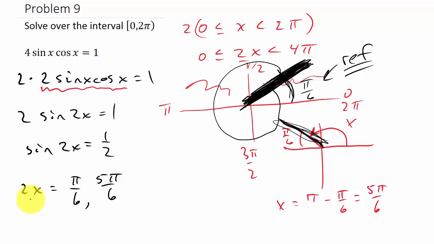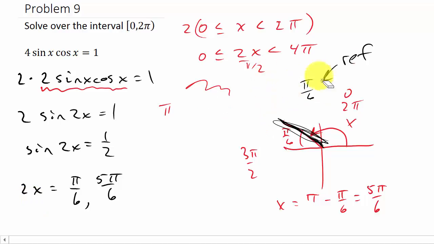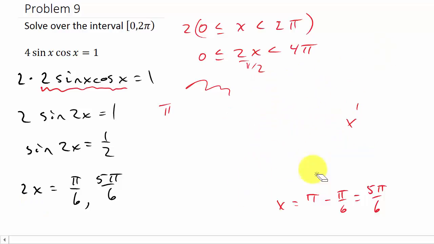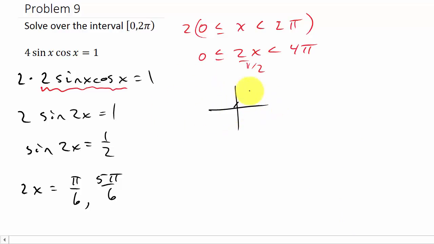So for the first quadrant angle, there's my pi over 6. I'm going here and going all the way around again. So pi over 6 plus 2 pi is going to be 13 pi over 6.